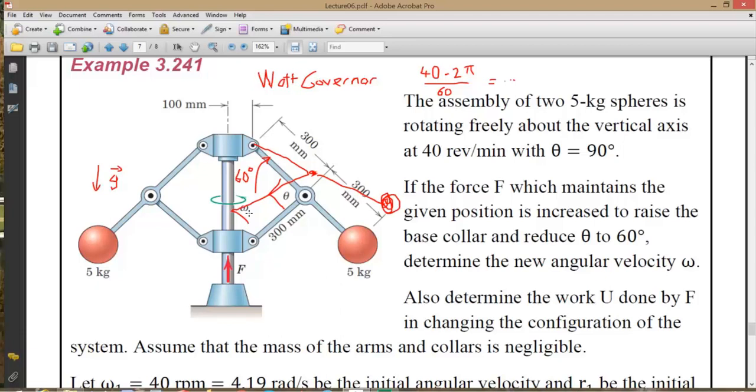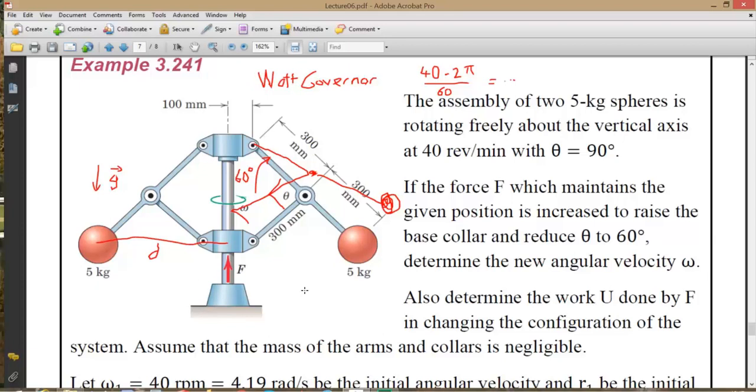With respect to this omega and the distance up to the particle, let's call it d, d times omega will be the velocity of this particle. And the velocity of the other particle will be similar, since the two parts of this mechanism are the same length.